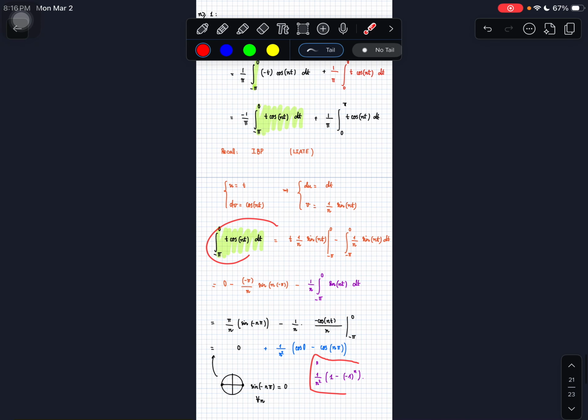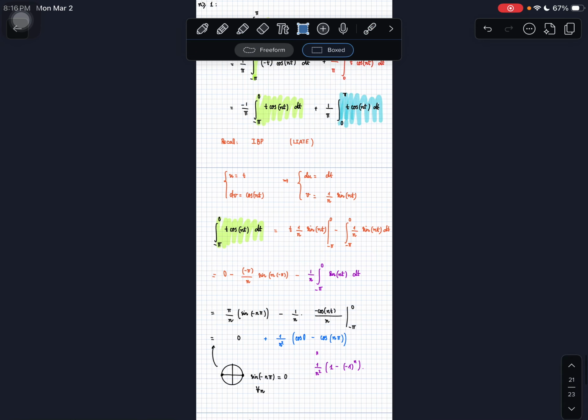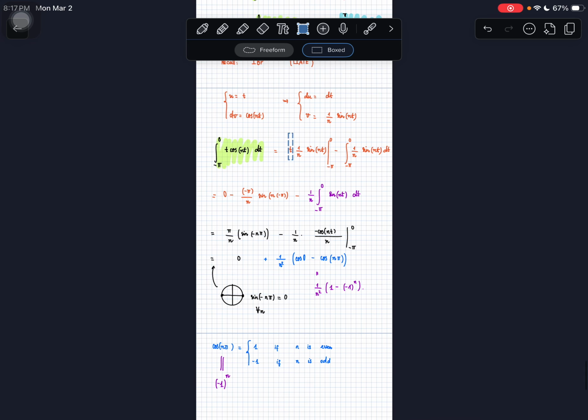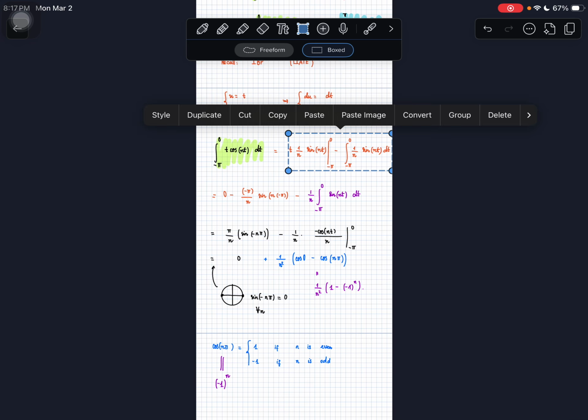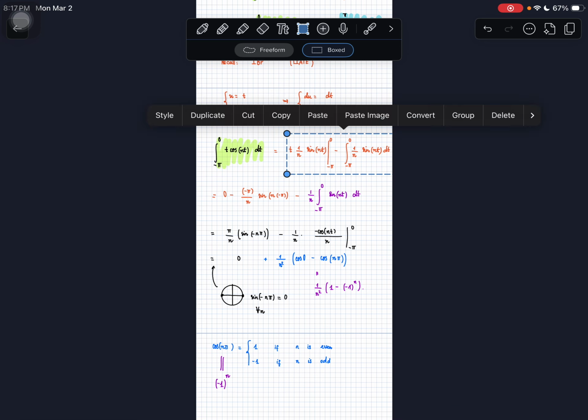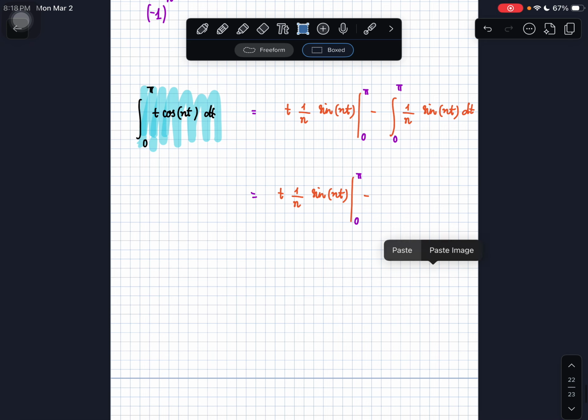Now we need to compute the second term. It is exactly the same as before. The only thing that changes is the limit. So I copy all of this and only change the limit, from 0 to pi.